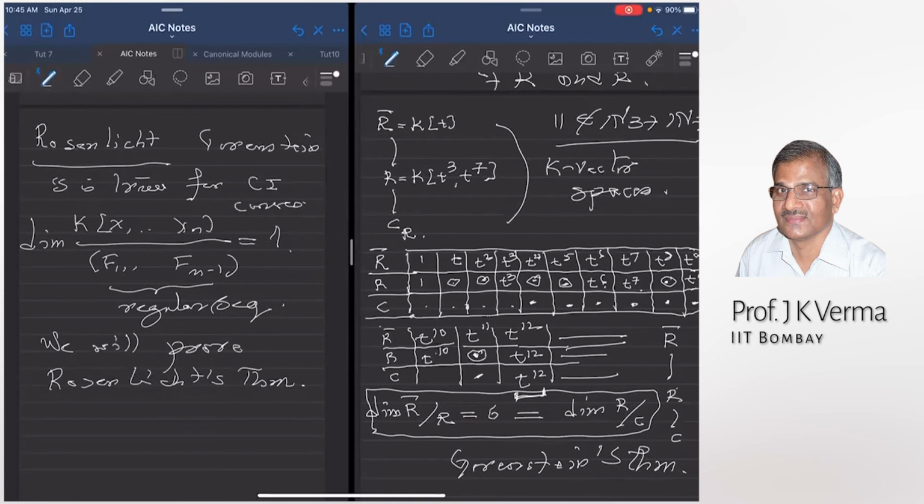But when you localize at any point, any maximal ideal, what you get is a local ring of this type. Now this is a Gorenstein ring, because this is a localization of a regular local ring. So this is Gorenstein, and this is a regular sequence of length n minus 1 inside a Gorenstein local ring.